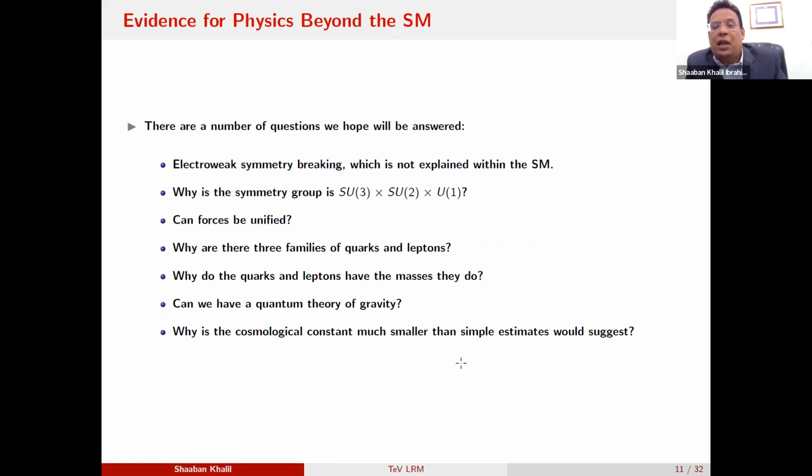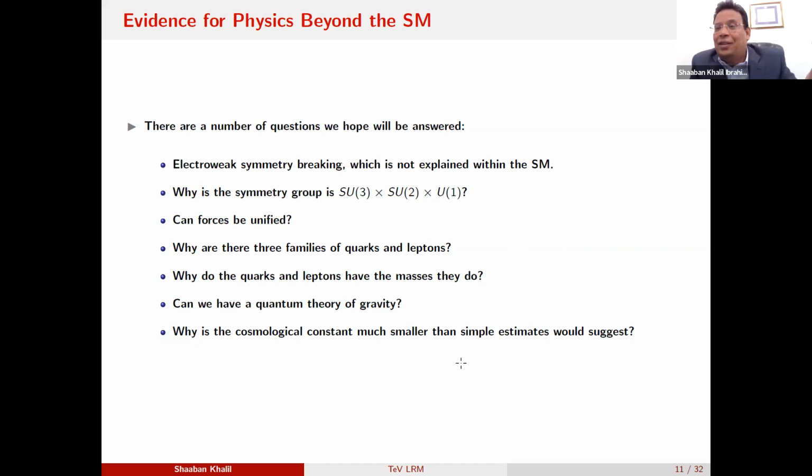And there are even more theoretical arguments about the gauge symmetry: why SU(3) cross SU(2) cross U(1), why this kind of semi-direct product, why we have 3 generations of quarks and leptons, why the electroweak scale with minus mu squared is needed, and how you can explain it, and so on.